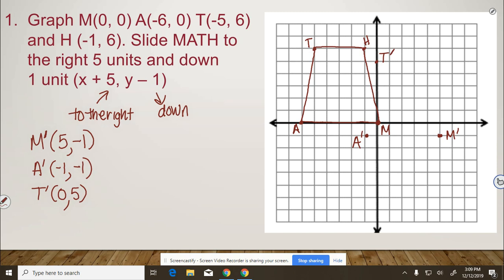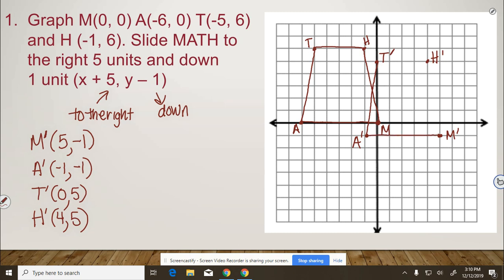And then lastly, we have H. H is currently at negative 1, 6, and we're moving it right 5 and down 1. Negative 1 plus 5 is 4, and 6 minus 1 is 5. So H prime is going to be at 4, 5, right here. And we draw our new shape there.